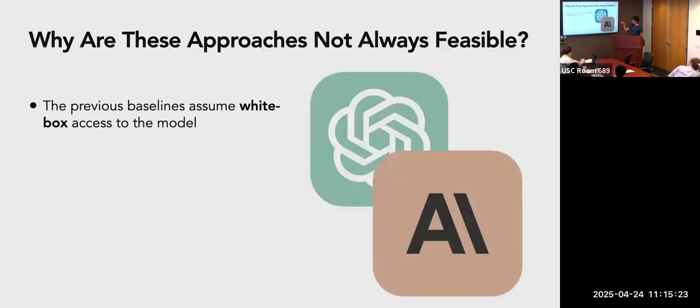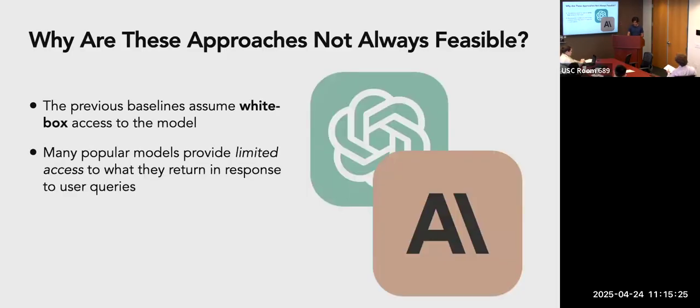These are two examples of popular models which provide limited access to what they return in response to user queries: ChatGPT and Anthropic's Claude. In this case, you don't actually have access to these log probabilities or loss, which means you can't run any of these attacks on them.